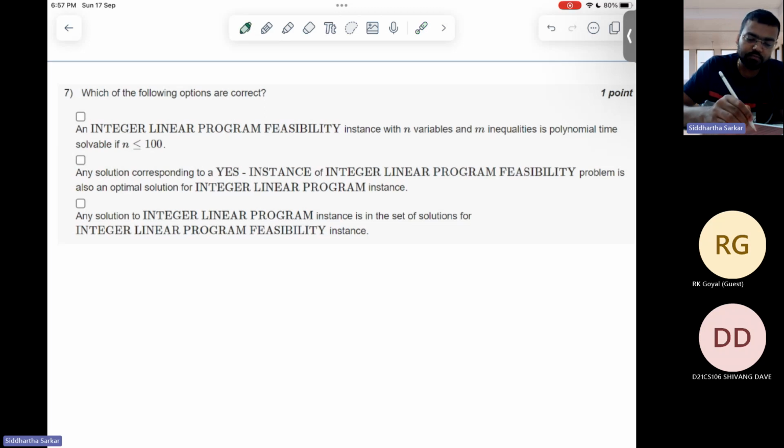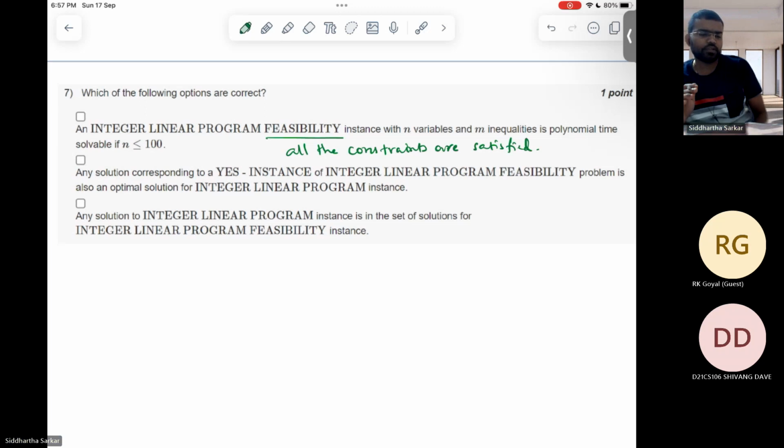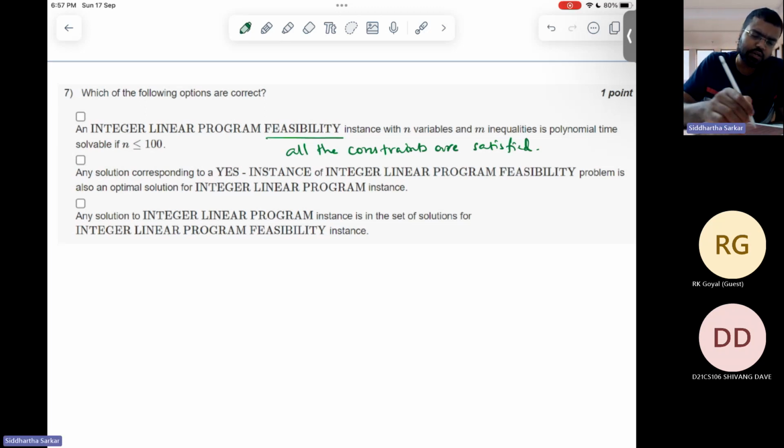So feasibility means it is not optimizing the objective function, the objective value. It is just respecting all the constraints. A solution such that all the constraints are satisfied is a feasible solution. So once you are given an integer linear program and we're asking whether there exists a feasible solution or not, that is the integer linear program feasibility question.